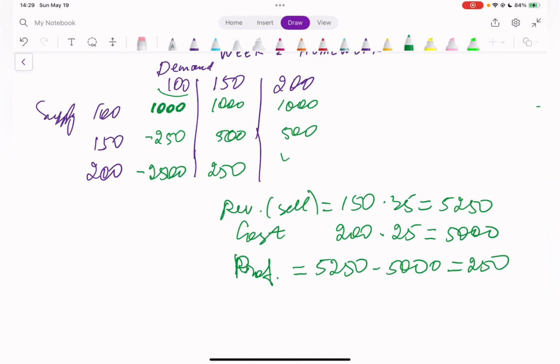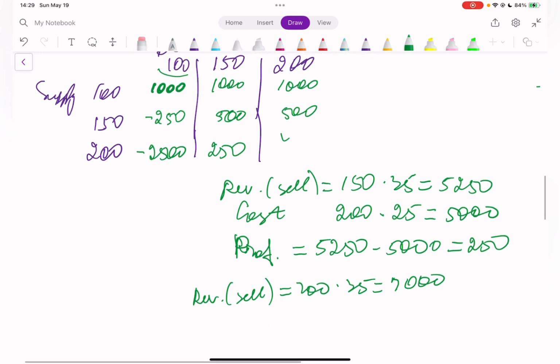So revenue from sales is going to be 200 times 35, which is 7,000. And the cost is going to be 200 times 25, which is 5,000.